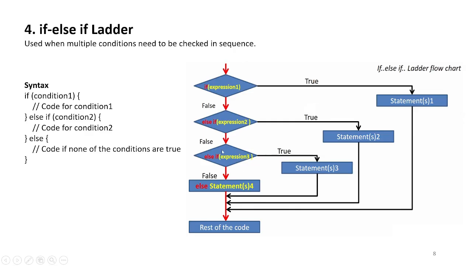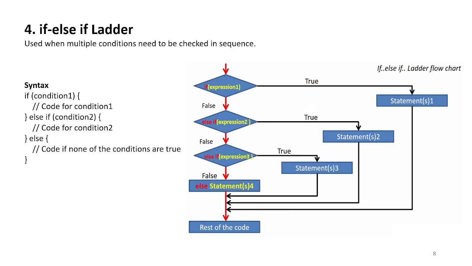If the third else if is also false, then come to the default expression, it will be executed, guaranteed. Even if any other if or else if is not executing, the else condition will always be executed. Remember this statement.